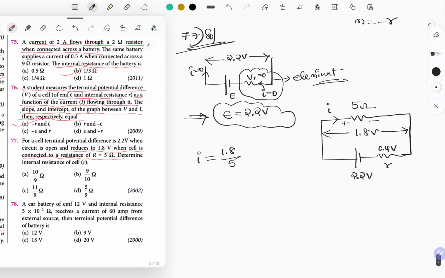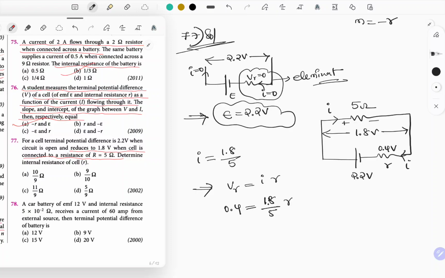Let's just keep this as it is. We know the value of voltage across internal resistance, and equated to that, voltage across internal resistance is equal to I into r. V_r value is 0.4, I value is 1.8 divided by 5 into small r.